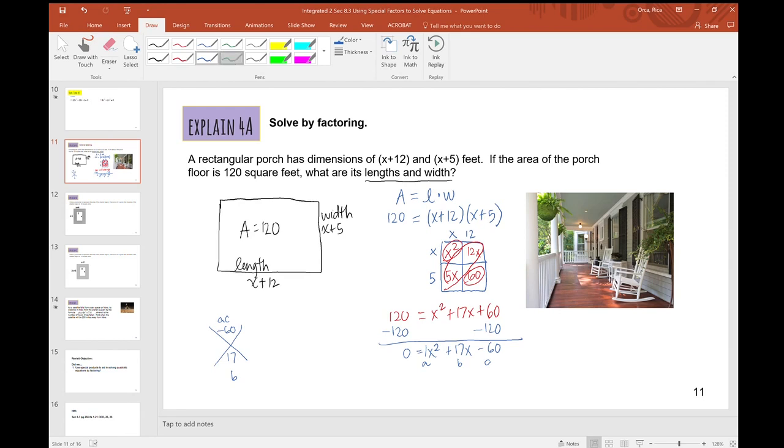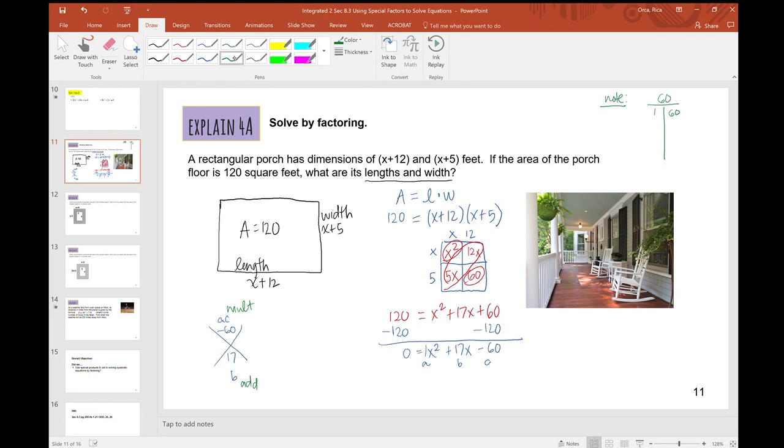Okay, class, go ahead and think of two numbers that will multiply to negative 60, but will add up to 17. If you're having a hard time trying to figure out what the numbers are, you can always make a table of factors. I'll go ahead and write the table here. So we need two numbers that will multiply to negative 60, but will add up to 17. Let's start with 1 and 60. 1 times 60 will give us 60, but will it add up to 17?